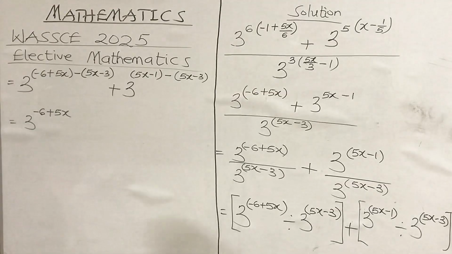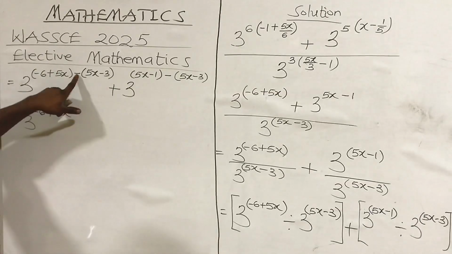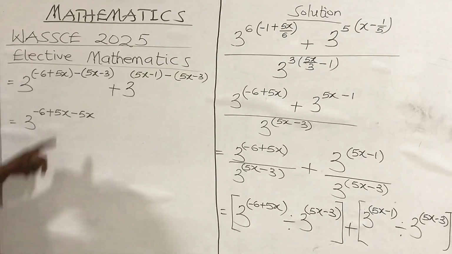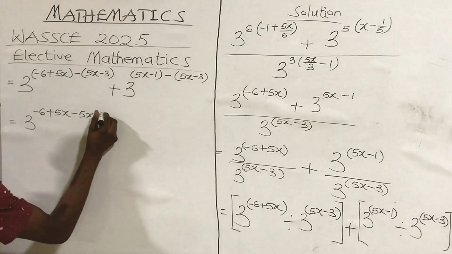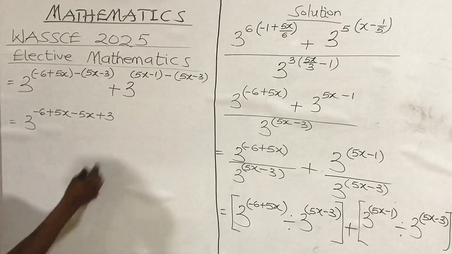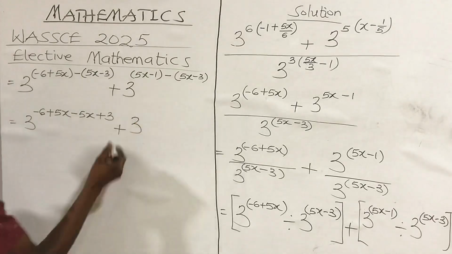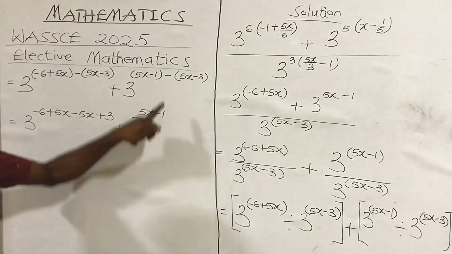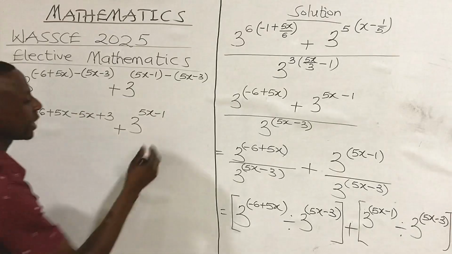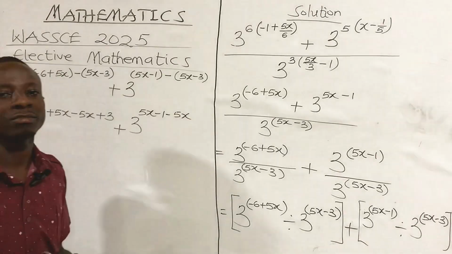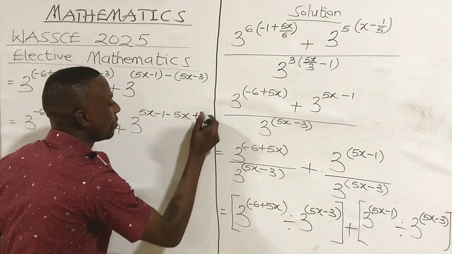So we have 3 exponent negative 6 plus 5x, and from here, the negative will multiply this, we have minus 5x, and negative negative, we have positive 3. Plus, we also have 3 exponent 5x minus 1, and from here, the negative will affect them: 5x, we have negative 5x, and the negative gives positive 3.